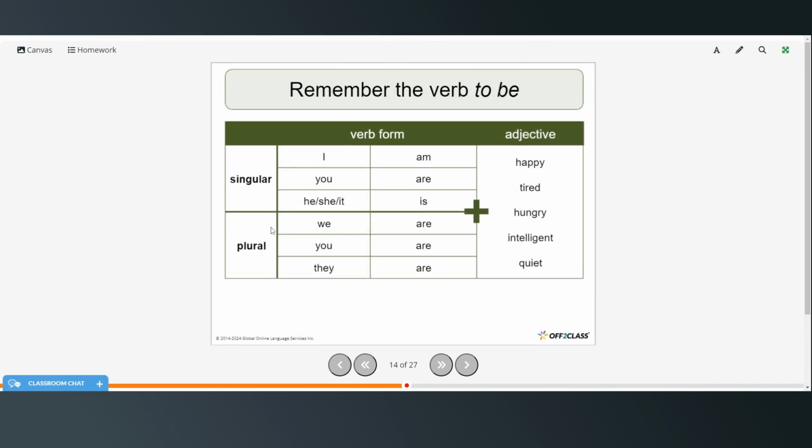All right, and then remember the verb to be. With the singular, we would say, I am happy, you are tired, he, she, or it is hungry. And then with the plural, we always use are. We are hungry, you are intelligent, they are quiet.